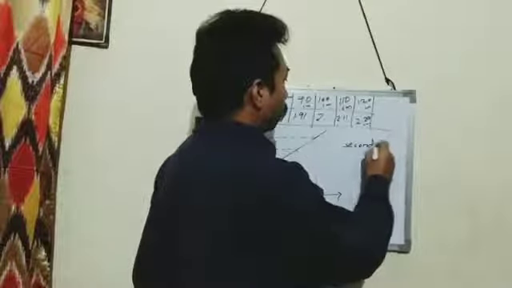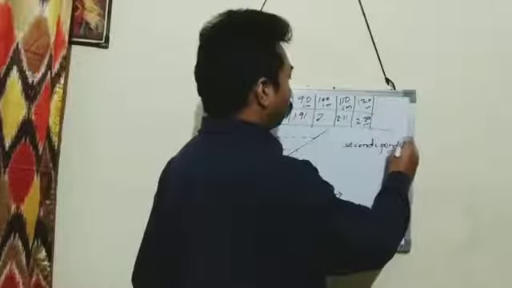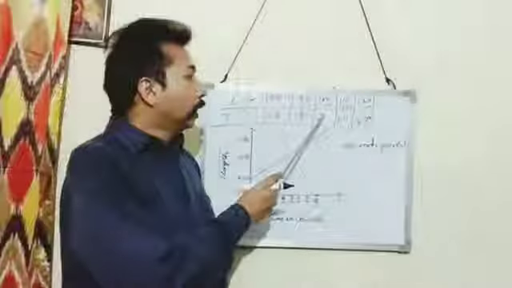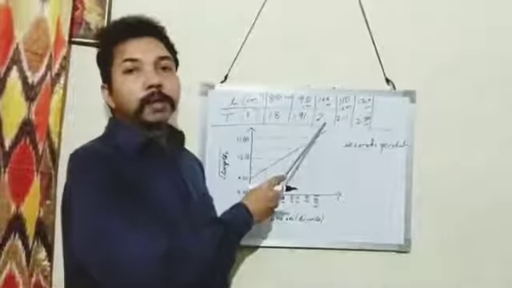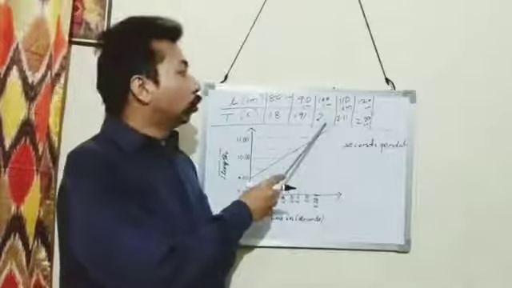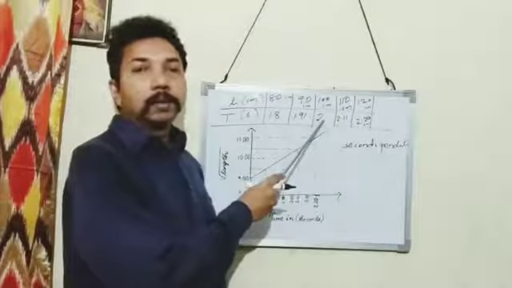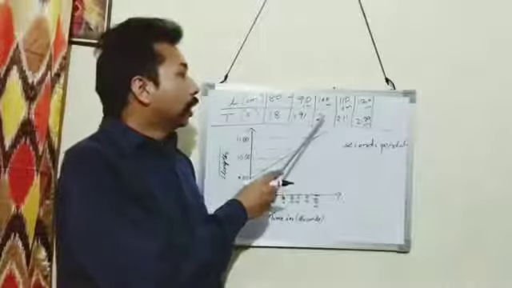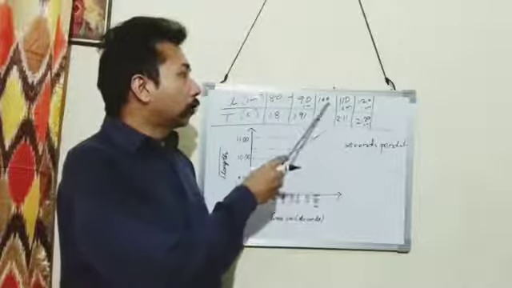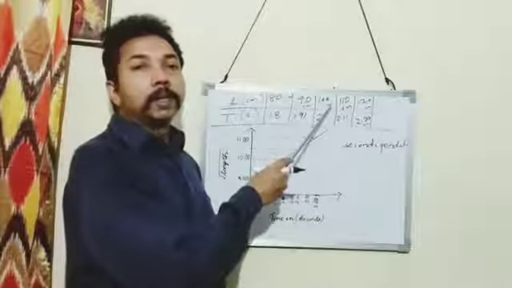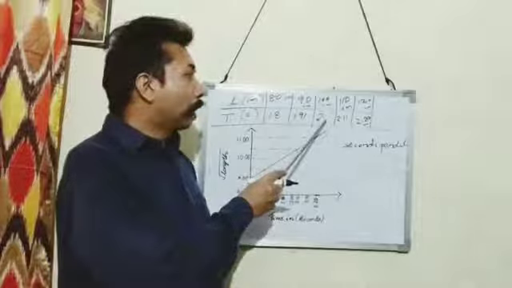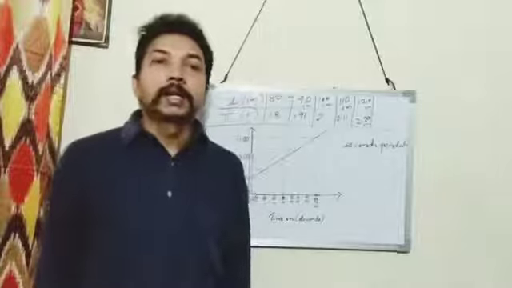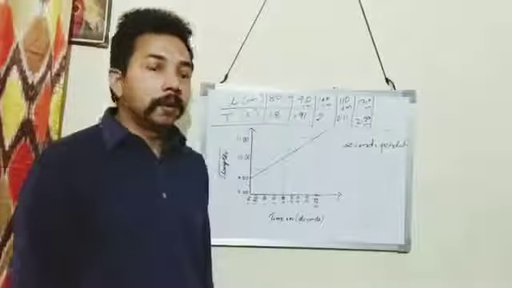A seconds pendulum is a pendulum whose time period is equal to 2 seconds. And the effective length of a seconds pendulum is 100 centimeter or 1 meter. This is important: what is a seconds pendulum and what is its effective length?